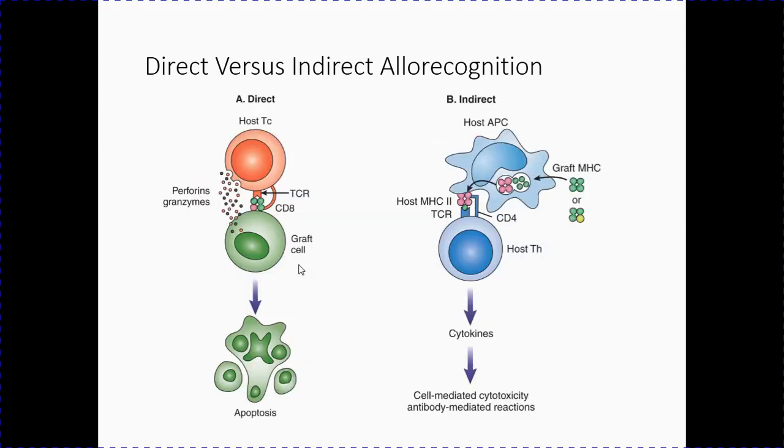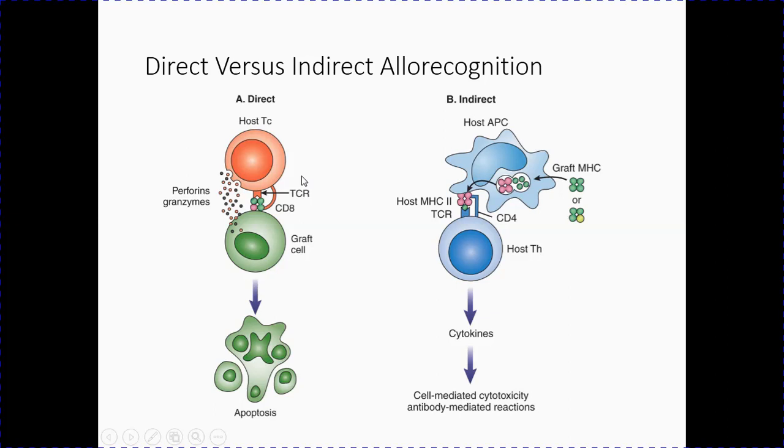So this picture, again, should look really quite familiar to you. We've seen this in a number of different processes, and I think it should look familiar and easy to follow along with at this point. So this is our direct allorecognition process, and this is our indirect allorecognition process. So what do we see?